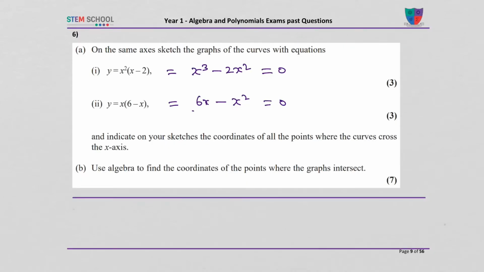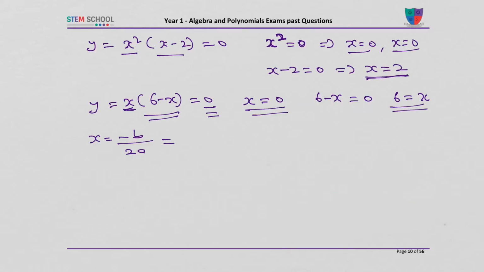B is 6 and a is minus 1. So I'm going to put it here, minus b, which is 6, over 2 into bracket minus 1, and that gives minus 6 over minus 2, and that becomes 3.